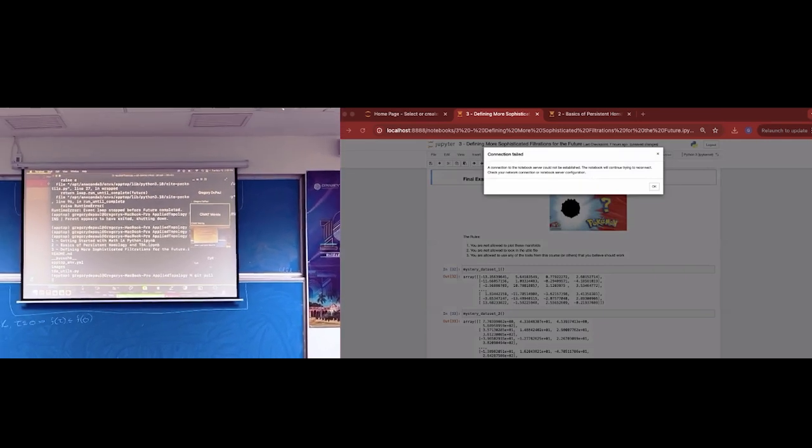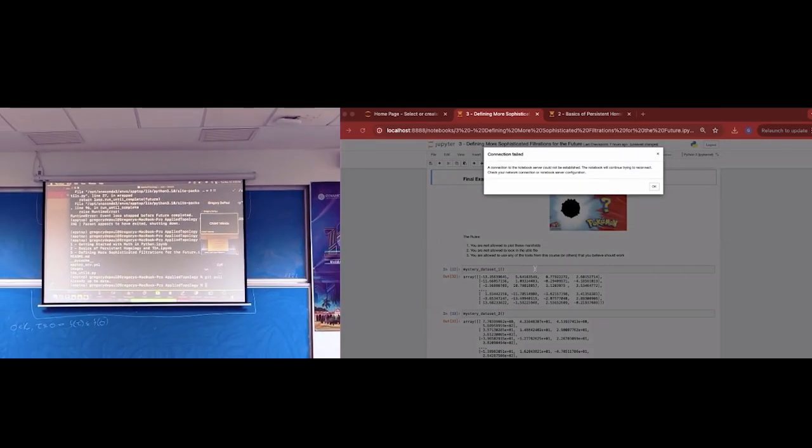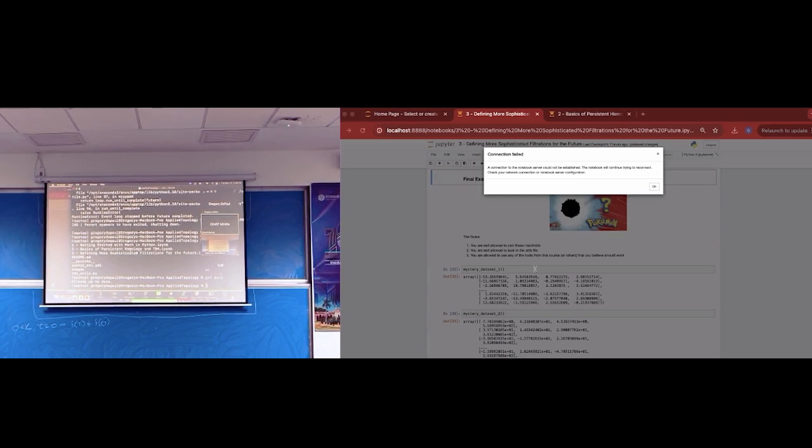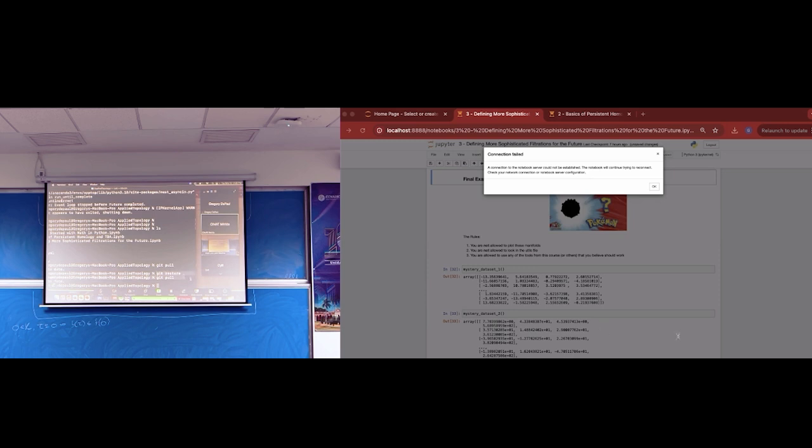They will encounter an issue if they made changes from yesterday, so they need to restore first. Git restore, dot, and then git pull. First restore and then pull.